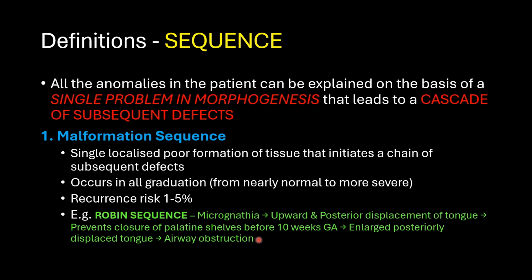So basically, in Pierre-Robin sequence, all the problems like airway obstruction, high arch palate, and glossoptosis have been caused by this initial single localized poor formation of tissue, that is the poorly developed small jaw in this case. This has led to a cascade or chain of subsequent defects. So this is a malformation sequence.